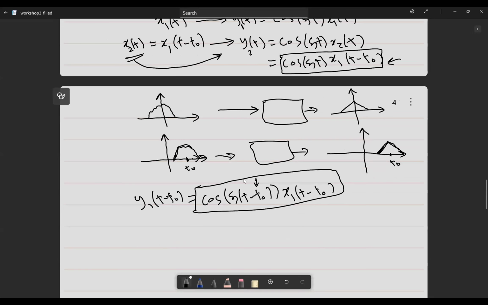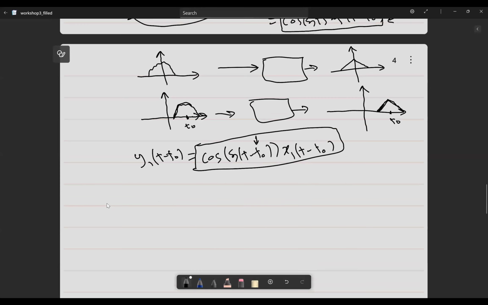So the system is not time invariant. We can say time variant or not time invariant. So it is time variant.